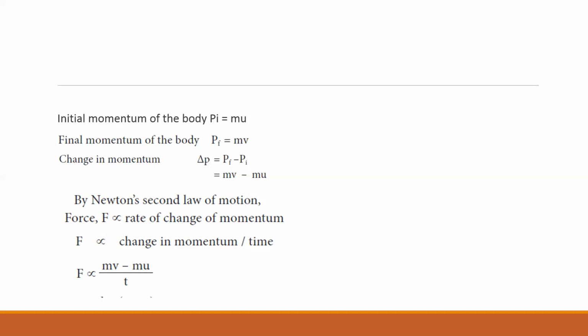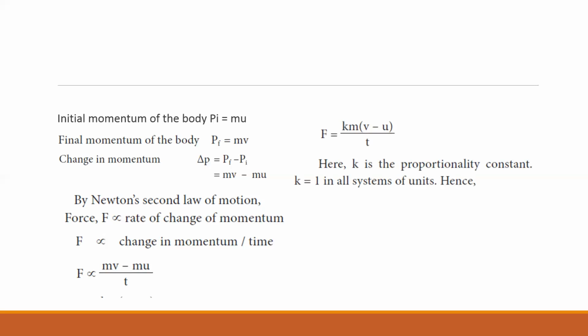So F is proportional to change in momentum, that is mv minus mu, divided by time. Now the proportional sign has changed into an equal sign. How? Between the proportional sign and mv minus mu, a letter k is inserted, called the proportionality constant.